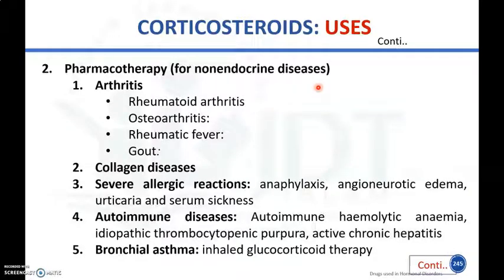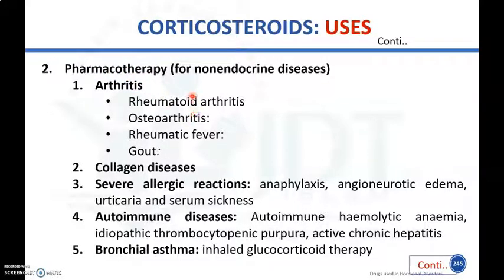Now, due to the action of corticosteroids, especially the anti-inflammatory action, corticosteroids also can be used for non-endocrine diseases like inflammatory conditions. So the second use is pharmacotherapy.